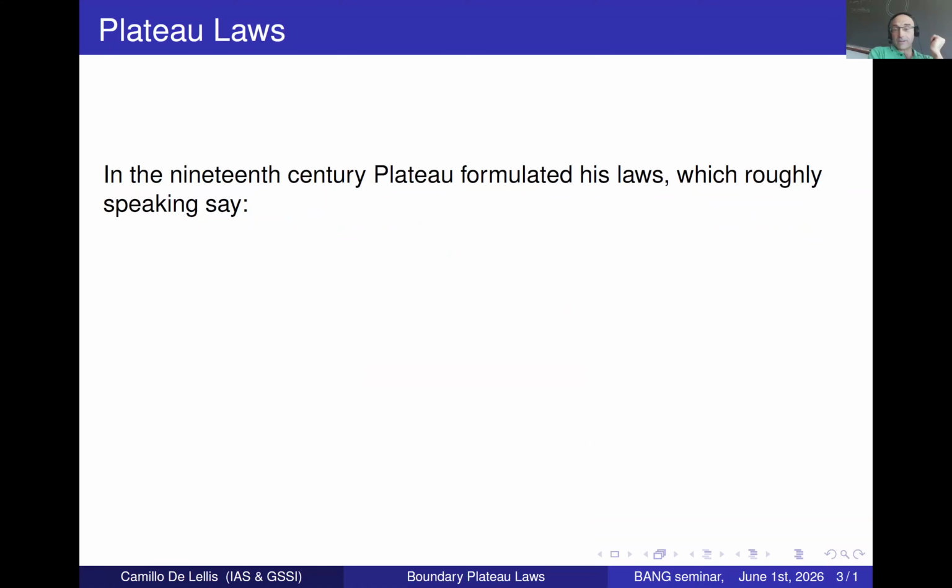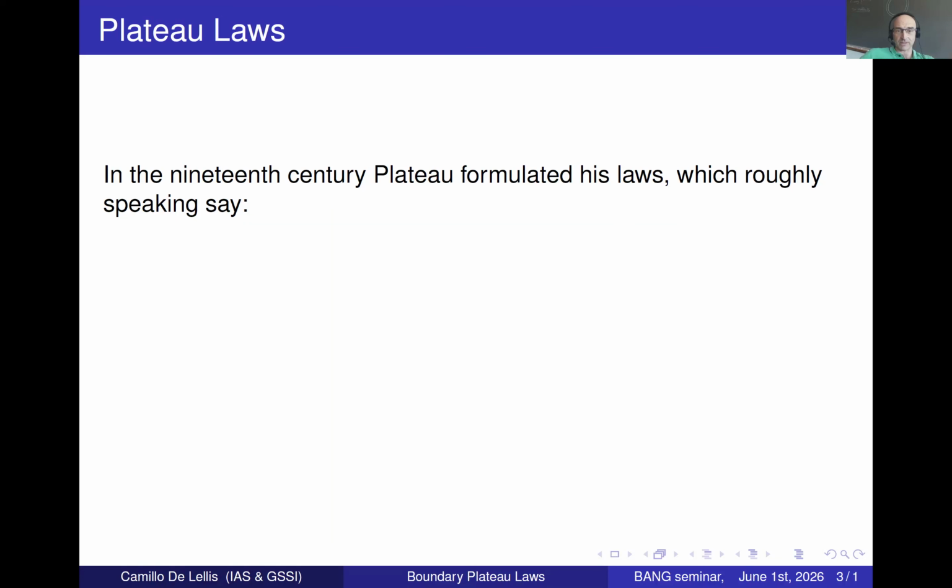In the 19th century, Plateau formulated what are nowadays called the Plateau laws, which roughly say the following. Now you are in an idealized situation, thinking that the film has thickness equal to 0. This is not quite true: with a microscope, you will realize that the film has a certain non-negligible thickness. So it's a surface which minimizes the area.